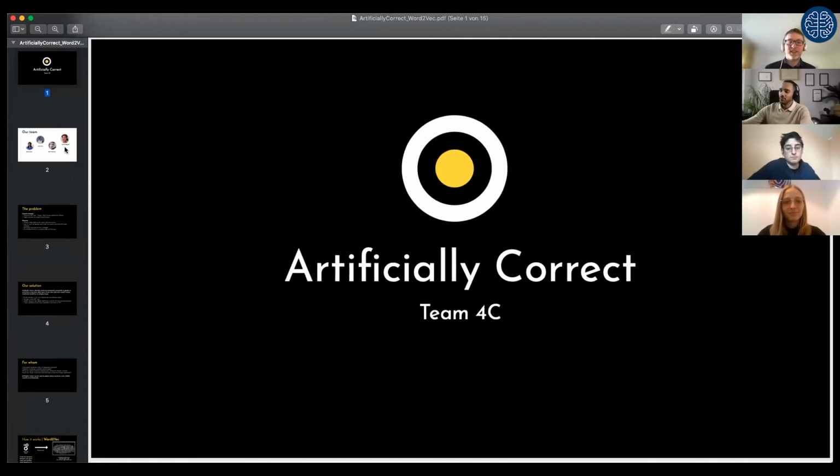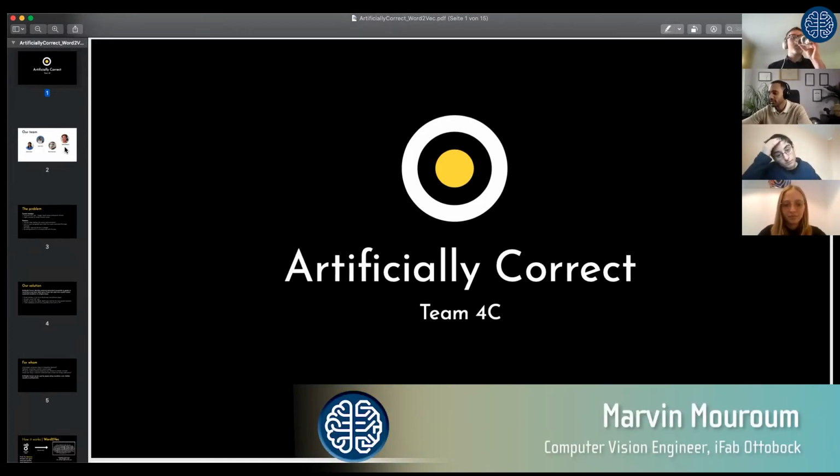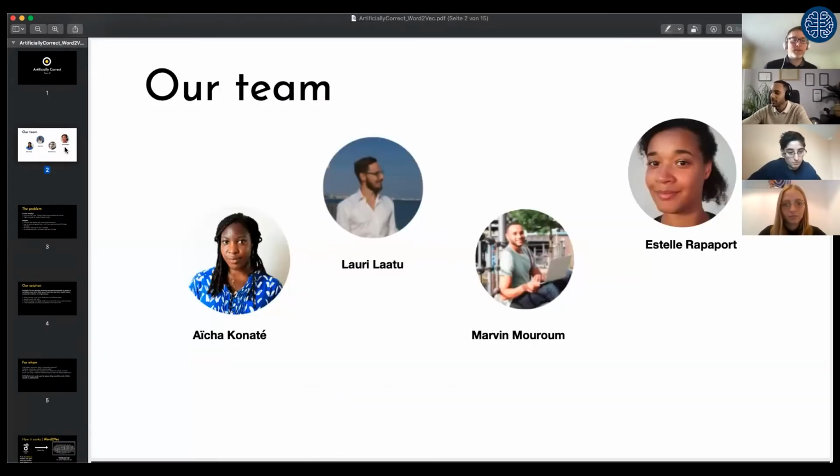Yes, so we were the other team. Specifically, we worked on the challenge that Danielle just explained. To give you a quick summary about our team, we were four people. The two people on the left side, we knew each other before, and Estelle joined the team newly, so we didn't have any relationship before that.